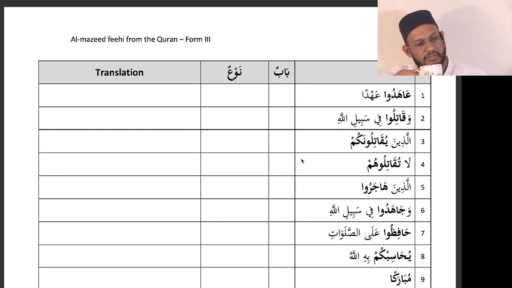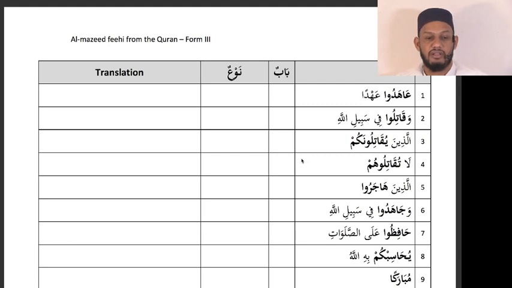Madi, Mudari, what is it? Instead of qatalu, it's qatilu. I see all of you saying the Maldi. Remember the Maldi is fa'ala qatala. This is qatalu.